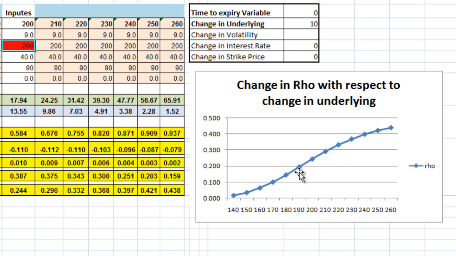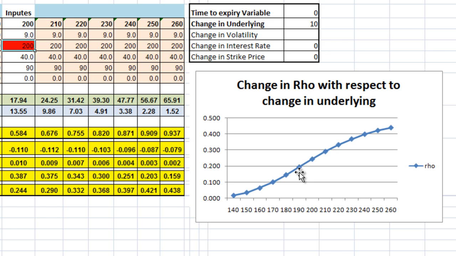With the change in rate of interest, we see there is a change in premium, but how much premium will change depends on the price of the option also. If the option is higher in the money, the change will be high in the premium, and if the option is more out of the money, the change in the option premium will be less with respect to the change in rho.